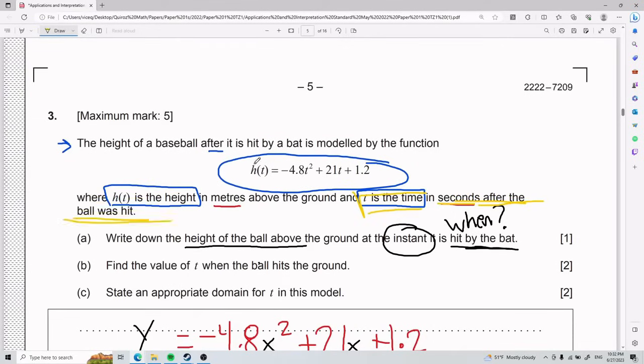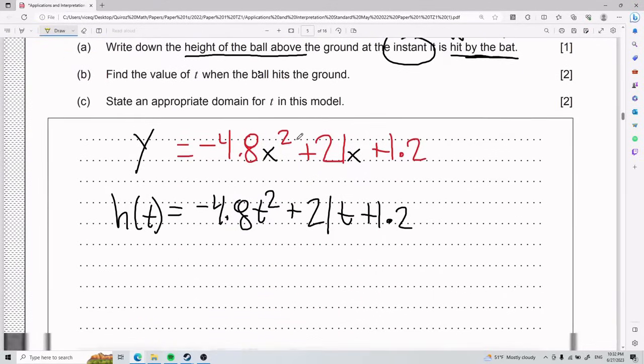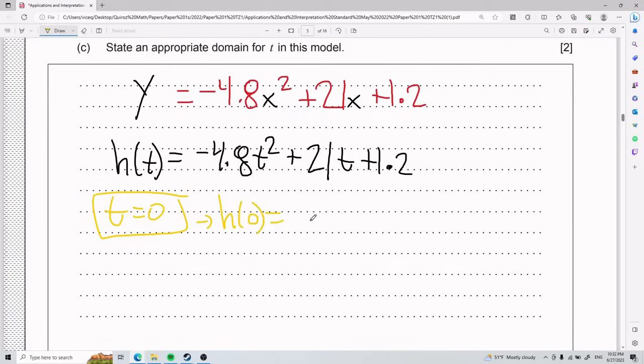So in 0 seconds, the ball is getting hit. So we plug in 0 for t. We have 4.8 parentheses 0 squared plus 21 parentheses 0 plus 1.2.